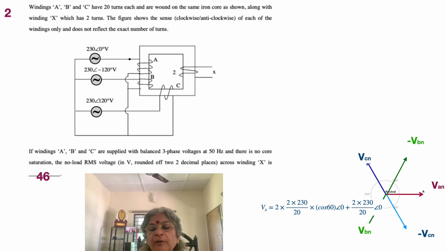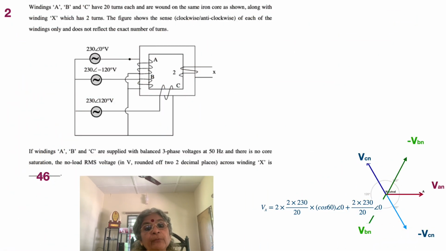So now we have VBN, VCN, and VAN in the first and fourth quadrants after reflection, as shown in the vector diagram. It means that all the voltages are now added together, creating a flux that will interact with coil X and create a voltage there based on the turns ratio.